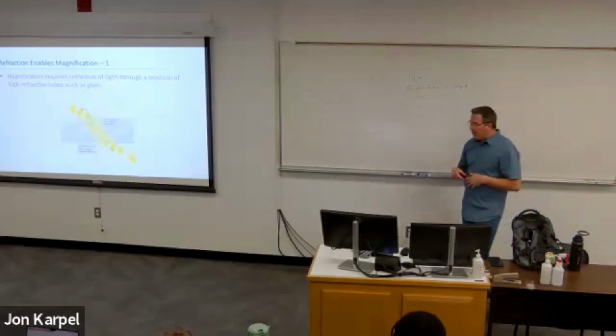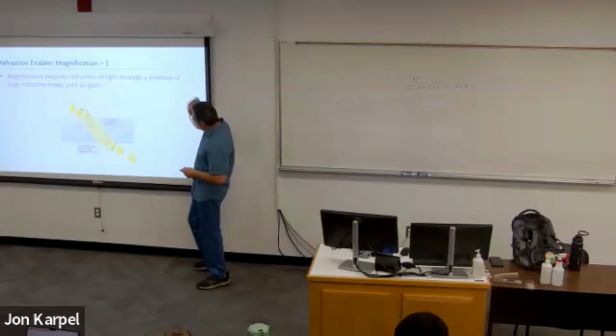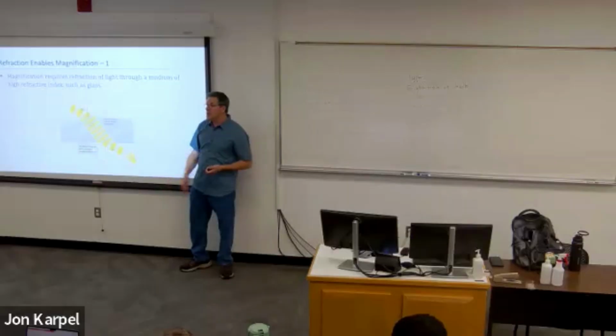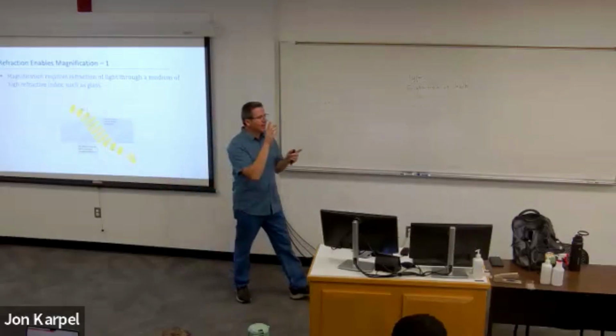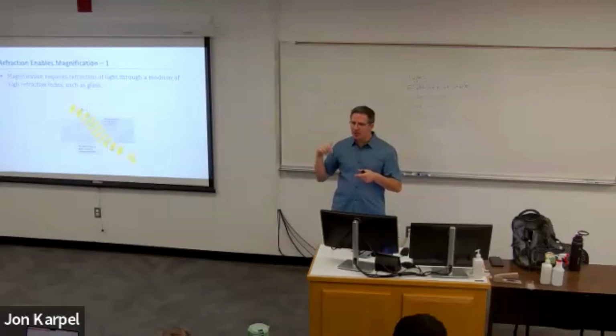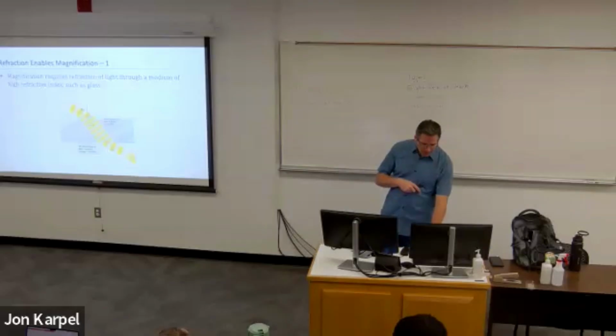There's a shift. Again, I'm not going to really test you on it, but I want you to know why we have to do that, okay? So you'll see in the lab, we'll start with the 4x, 10x, 40x objectives. We'll talk about that in a second. But then on the 100x, you'll notice that we have to use an oil to deal with the refractive properties of the images, okay?